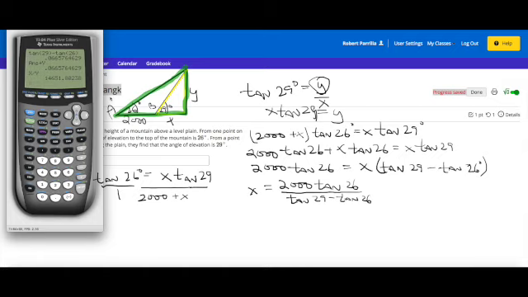Wow, that's a lot. It doesn't feel right, but let's see what happens. I'm going to write this down. So x is equal to 14,651 feet. That's a lot of feet. All right, so, well, we'll see. It might work out. We'll see.